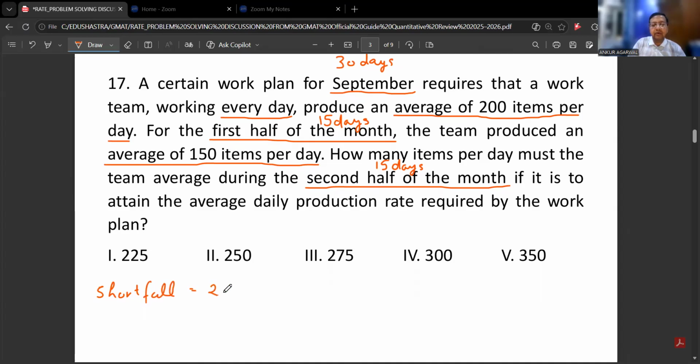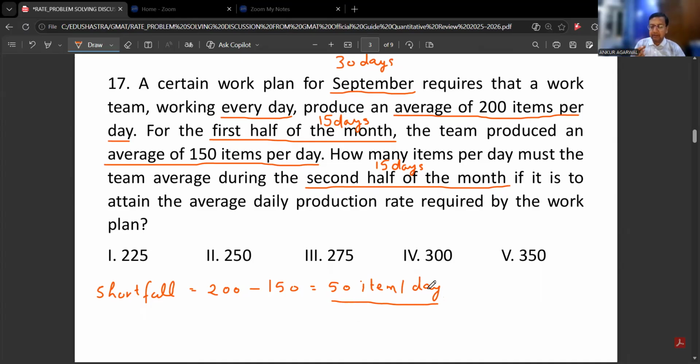And how much is the shortfall? We have to produce 200 items, but we are producing 150 items. So there is a 50 item shortfall per day, right? This is my shortfall. If I have to achieve the target fixed at the beginning of the month, I have to increase this number every day in the second half of the month.